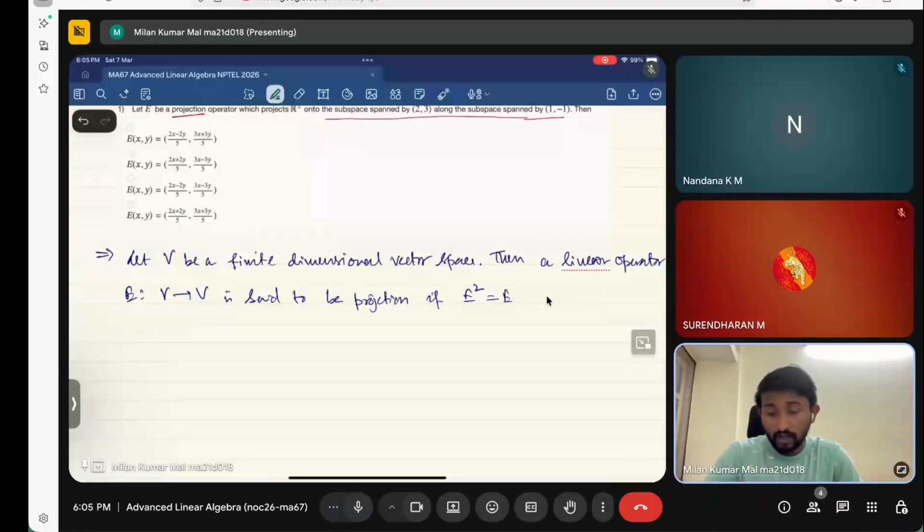Now whenever E is a projection operator, that is an operator from the vector space V to V, then E must have a range.